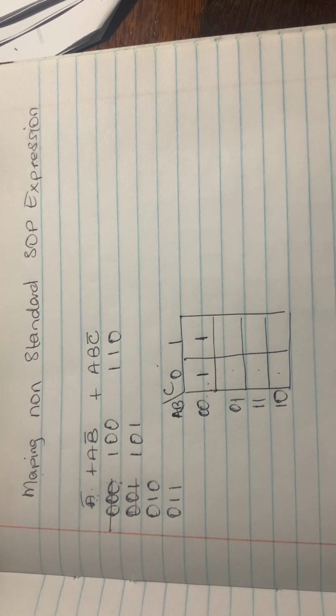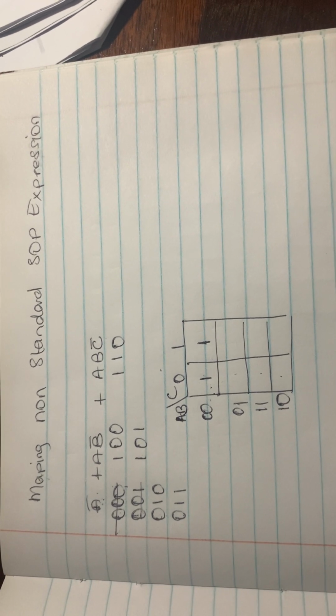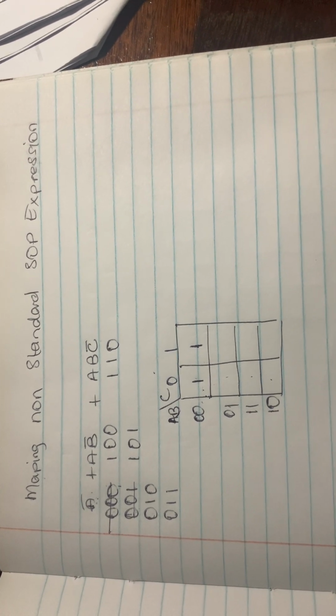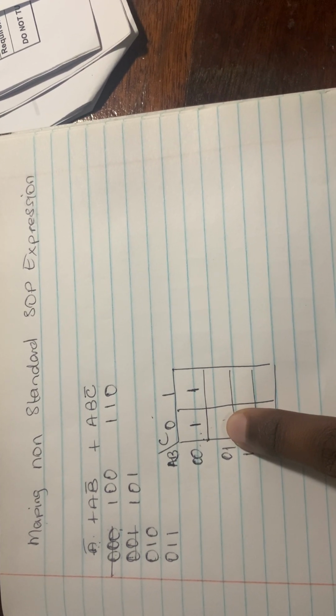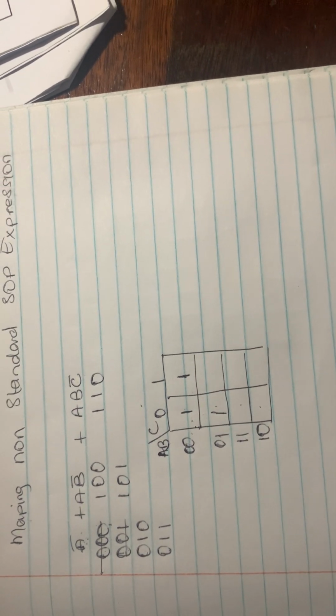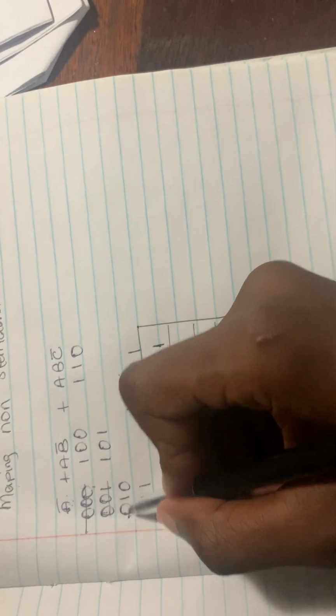AB is 0, 1. Okay, so AB is 0, 1 on this space. If I may point with my finger, on this space is 0, 1, but now C is 0, so it will be a 1 here. Okay, so now we are done with this one.